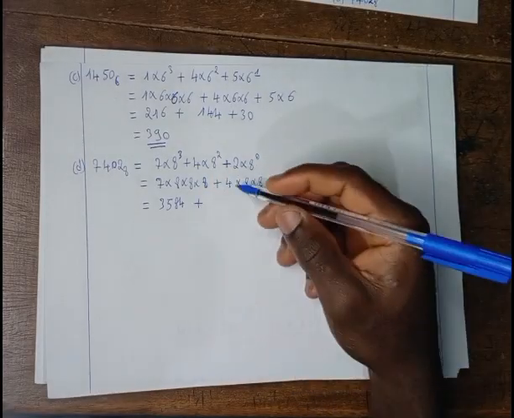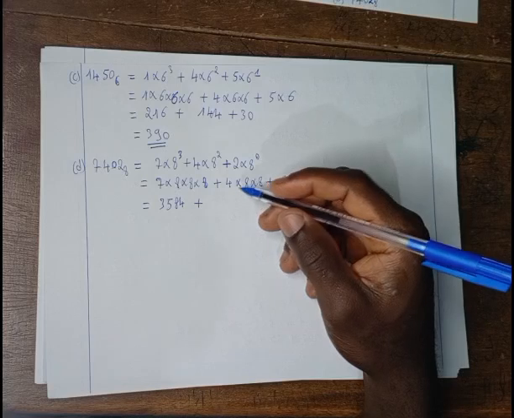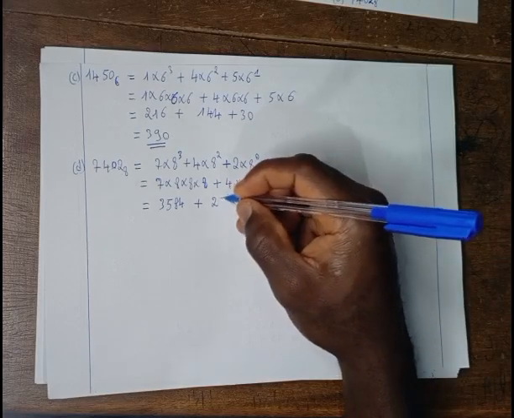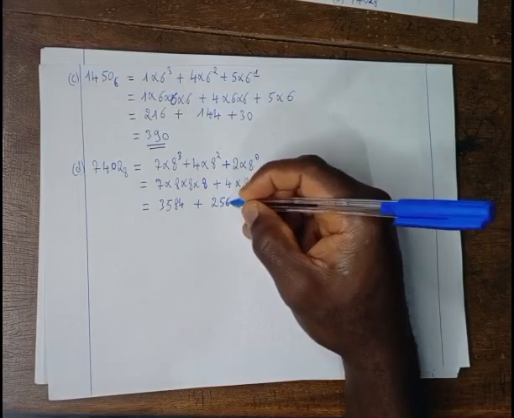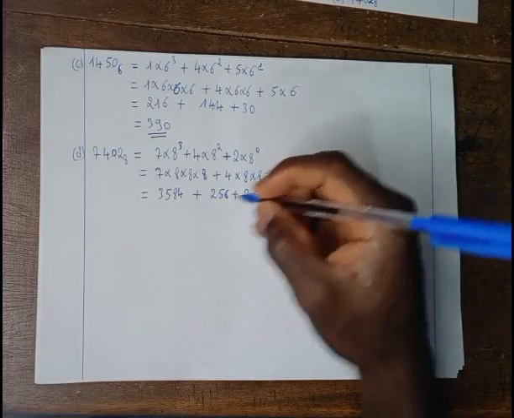Plus 4. 4 times 8 gives us 32. 32 times 8 gives us 256 plus 2 times 1, which remains 2.